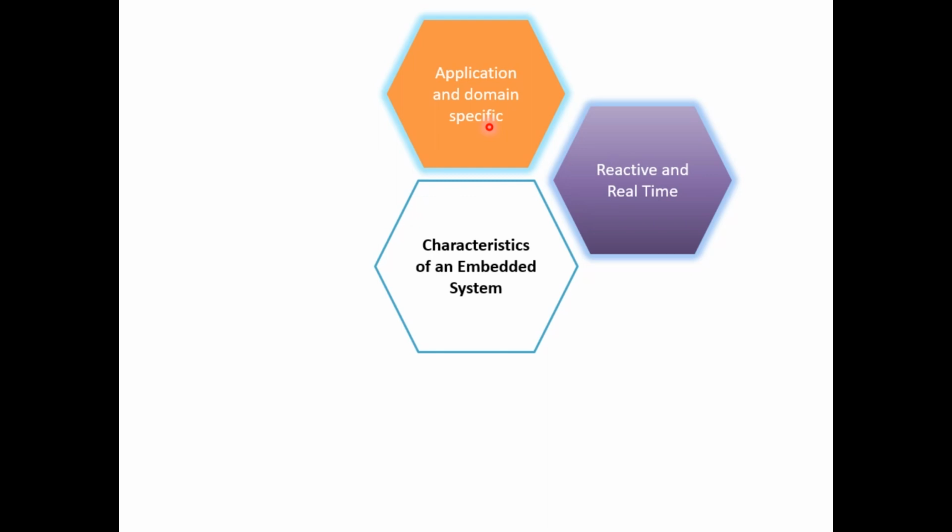We call it critical missions. So in such a case, the designing of an embedded system should take the worst case scenario into consideration. So this becomes a very, very significant characteristic of an embedded system if my system is designed for real-time operations.